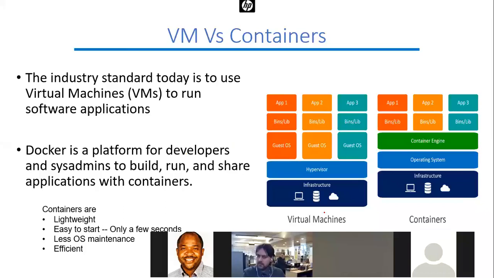This is the architecture of a virtual machine: you've got the infrastructure of your computer, you install the hypervisor, and then you install the guest operating system. A container is different. You have the infrastructure, the operating system, and then a container engine. In this container engine, instead of multiple guest operating systems, you have instances of processes.